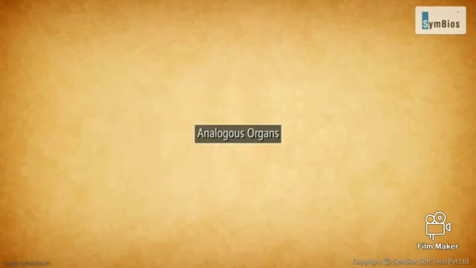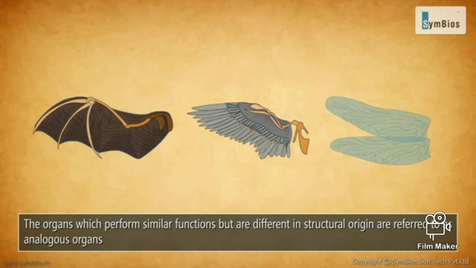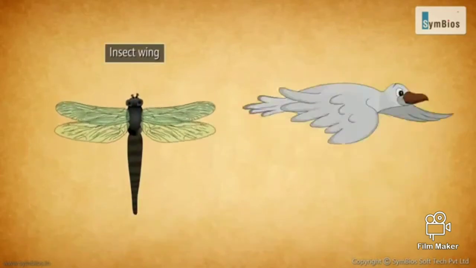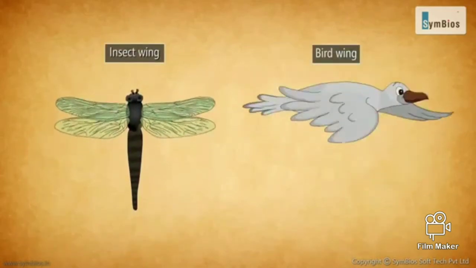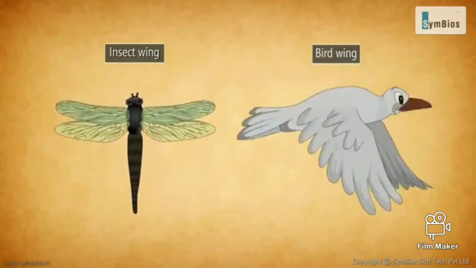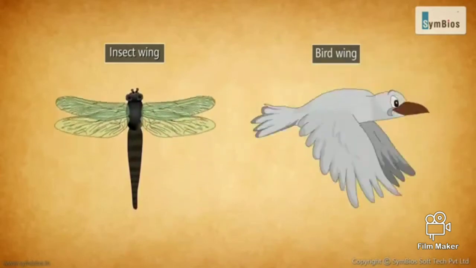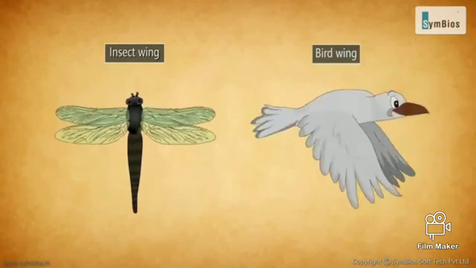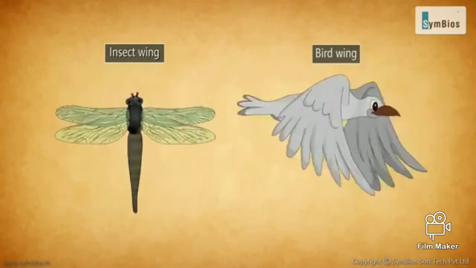Analogous organs. The organs which perform similar functions but are different in structural origin are referred to as analogous organs. Let us take an example of the wing of an insect and the wing of a bird. Their basic structure is totally different, but they serve the purpose of flying.